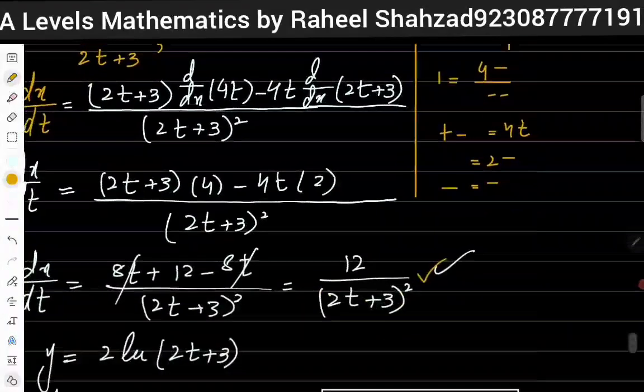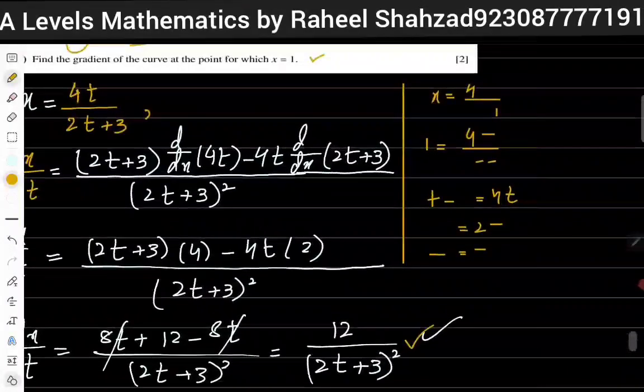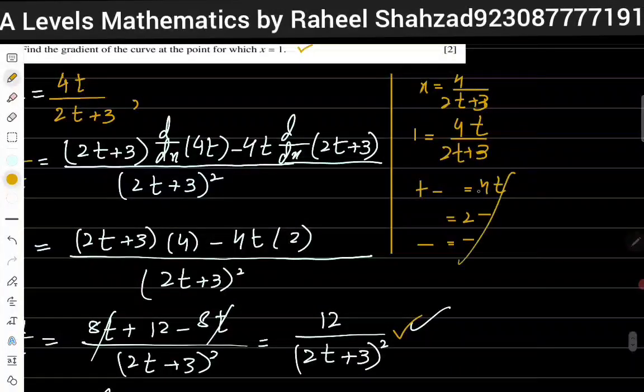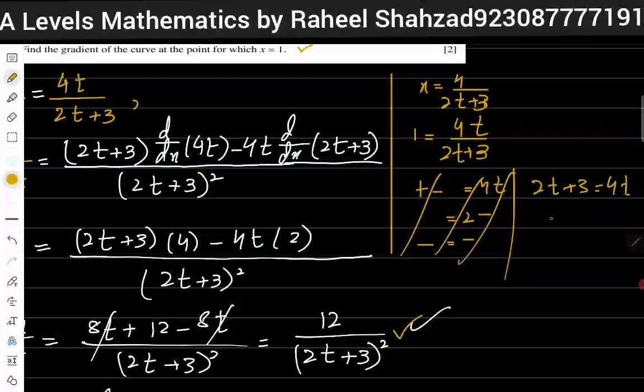So at the end, x is equal to 4t divided by 2t plus 3, so 2t plus 3 is equal to 4t, and then 3 divided by 2 is the value of t.